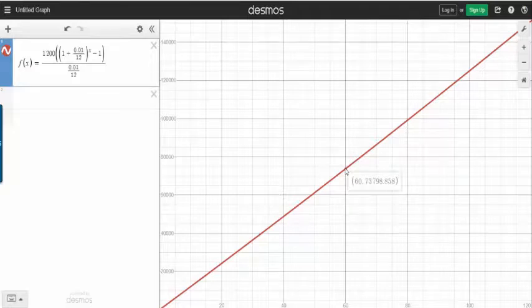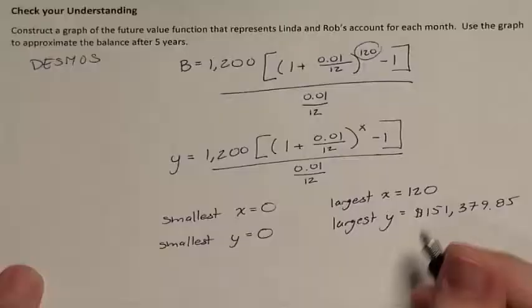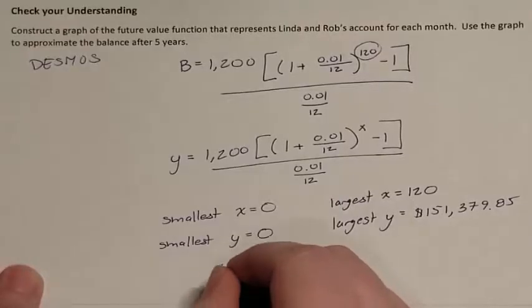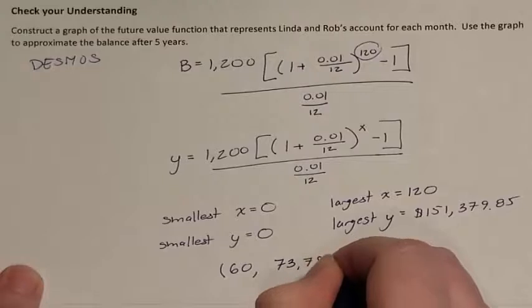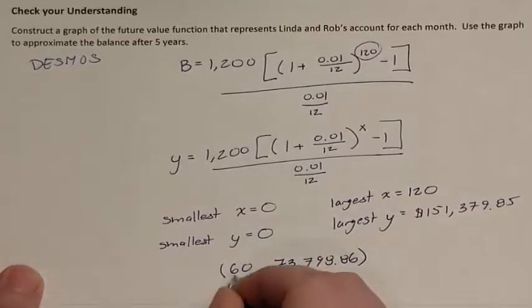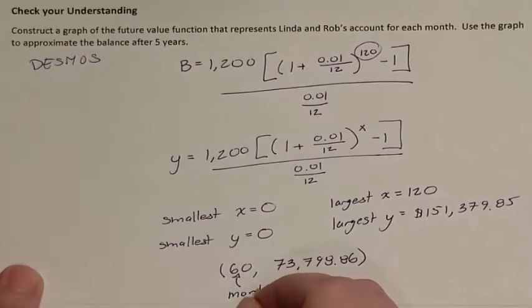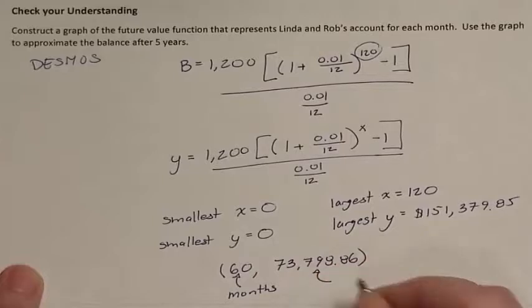That's how much we got after 60 months, 5 years. So on Desmos, we found this coordinate point, 73,798.86. So this says at 60 months, which is what 5 years is, we found out that it was going to be $73,798.86 for 5 years.